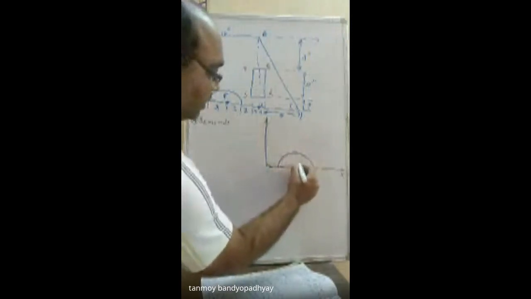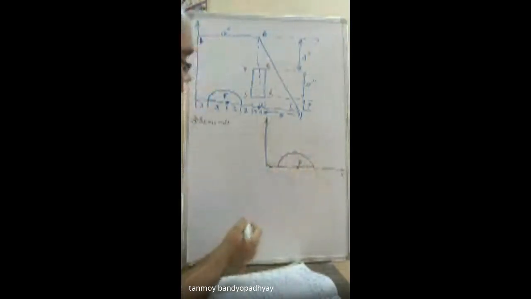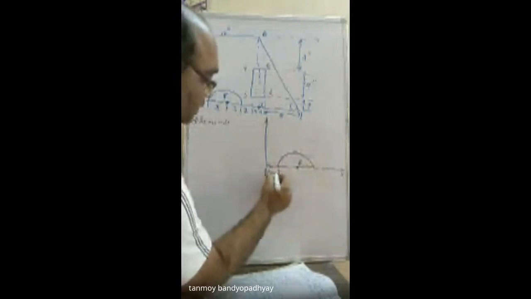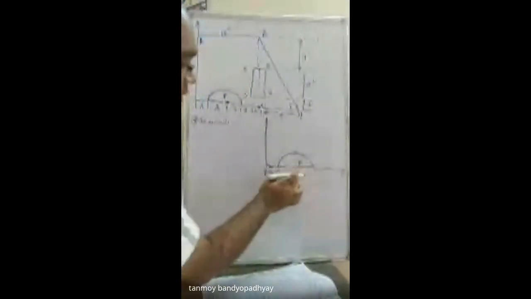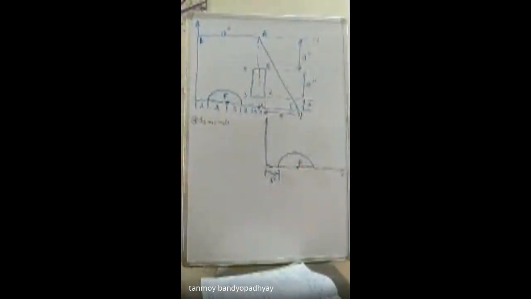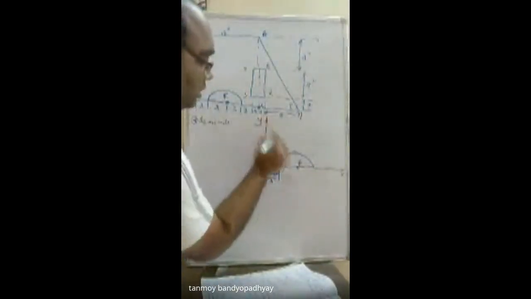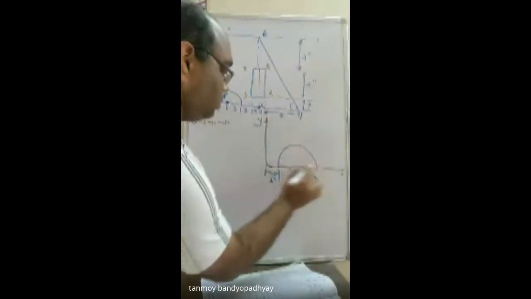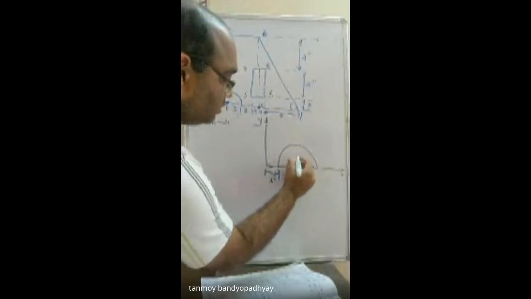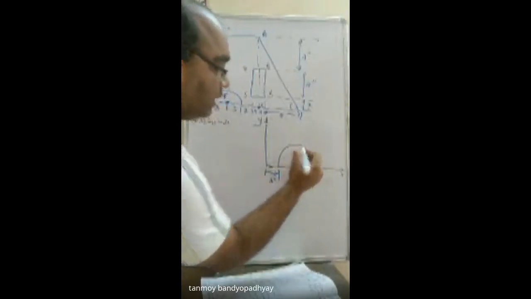This is the semicircle with center A. The offset is also 3 inches. Where will the centroid be? G3, let me draw it a bit bigger. Let it be like this. So G3 will be somewhere like here.